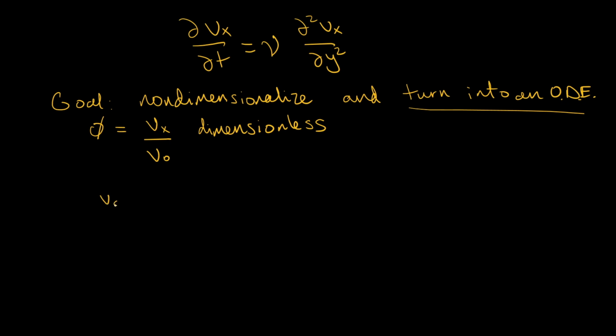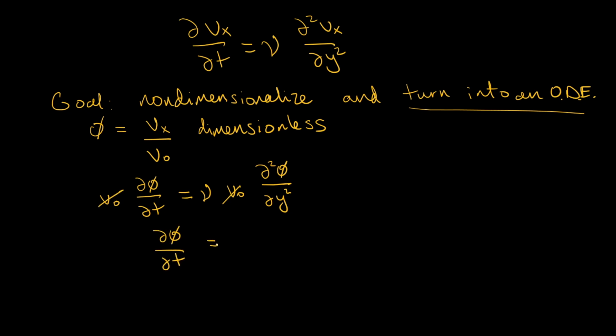That'll give us v sub 0 times d phi dt is equal to nu, we have another v sub 0, d squared phi dy squared. And these v sub 0s will cancel out, so we basically have the same differential equation, except now we've replaced our v sub x with this dimensionless quantity phi.